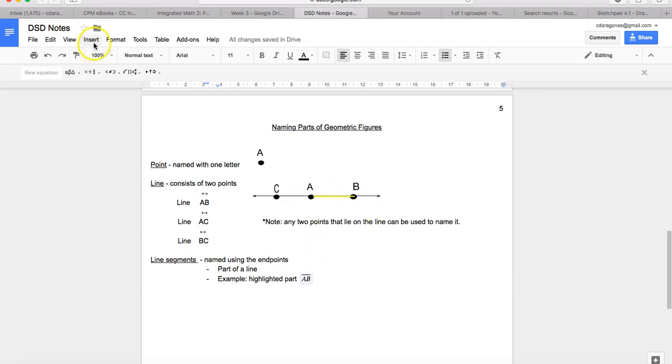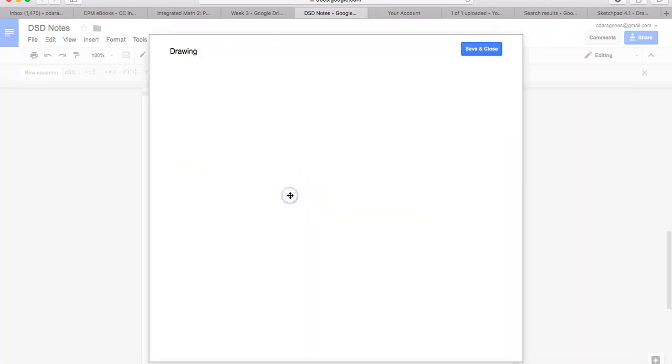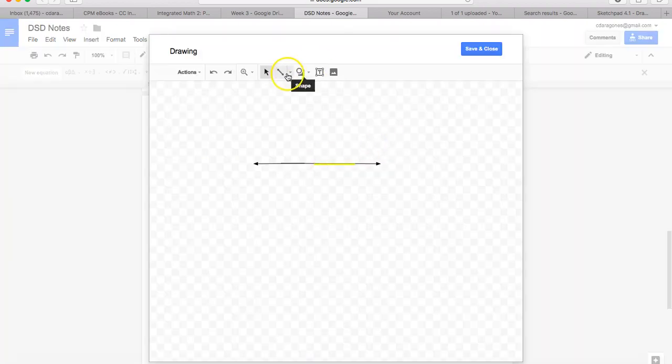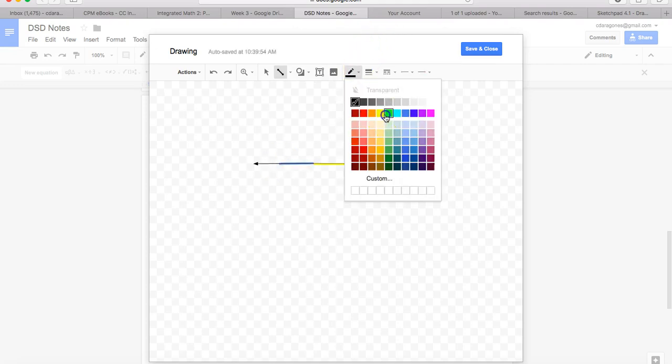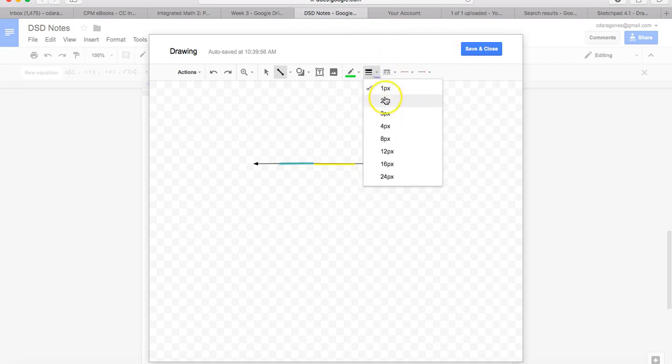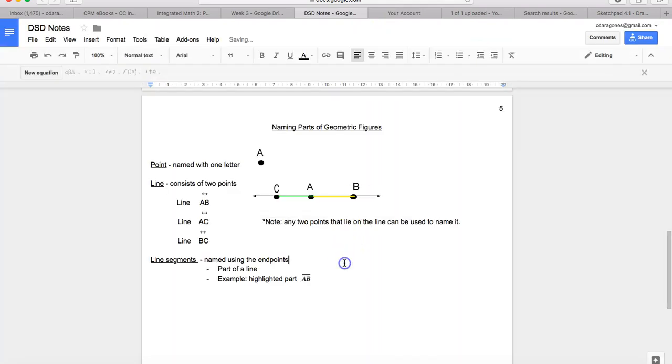So if I highlight this line segment right here, let's put it in green maybe, the green highlighted part is line segment AC.